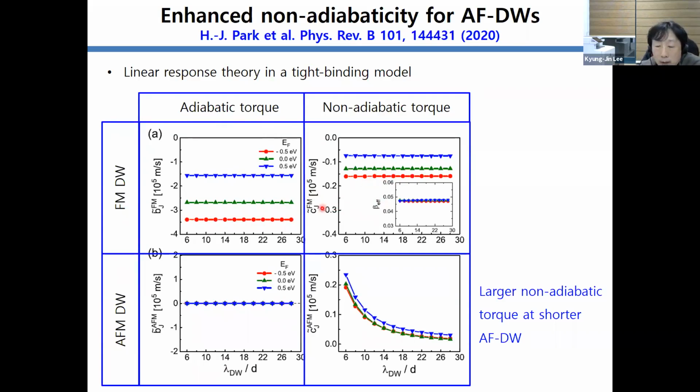But in the antiferromagnet, the result is quite different. The adiabatic torque contribution is almost zero, but the non-adiabatic contribution is non-zero. One important difference from the ferromagnet is that it is very sensitive to the domain wall width, and it rapidly increases as the domain wall width decreases.